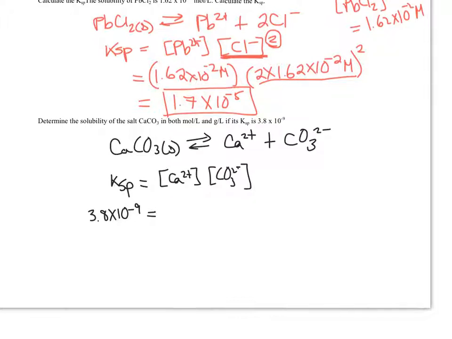What do they want? They want the solubility. Solubility means how much can dissolve. In other words, they want the concentration. What do they want the concentration of? They're looking for the concentration of CaCO3 as a saturated solution. So if I make a saturated solution, what concentration of CaCO3 would that be?